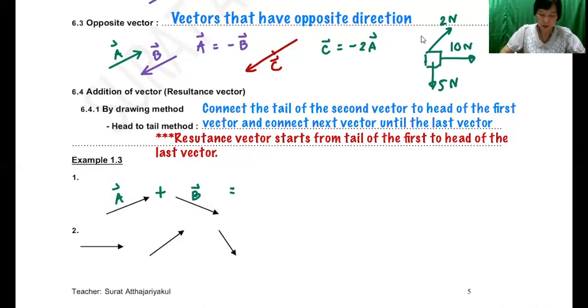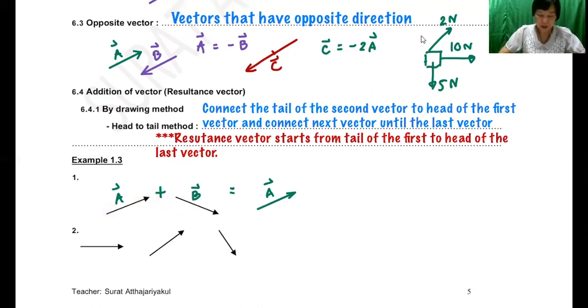You have to copy vector A, same magnitude, same direction. Here suppose that I draw vector A with the same magnitude and direction as this original vector. And what will I do next? I will connect the tail of vector B. Okay, before I go into that, I'm sorry, for a vector we call this the tail, and this is the head of the vector.